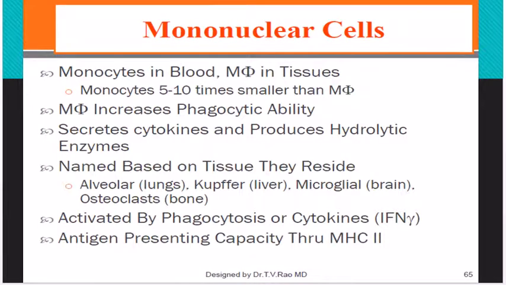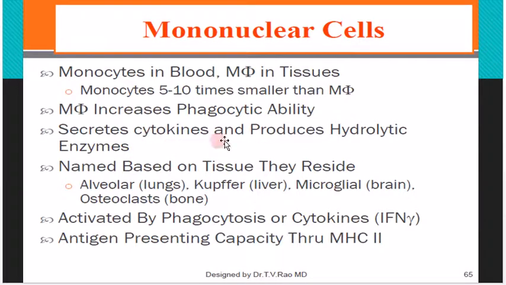Similarly, there are mononuclear cells, also called monocytes. Monocytes are the earliest cells of the macrophage. Naive means a very premature stage of macrophage, called monocytes.